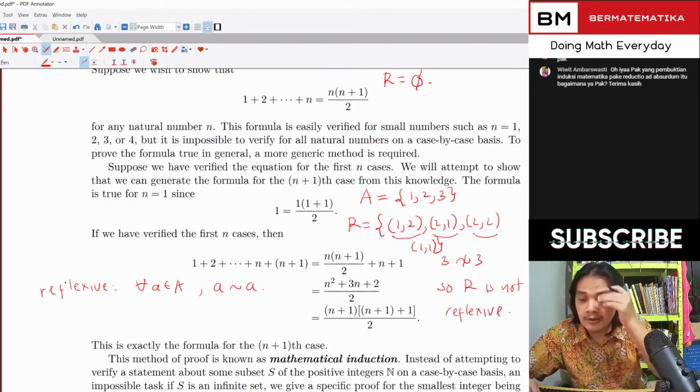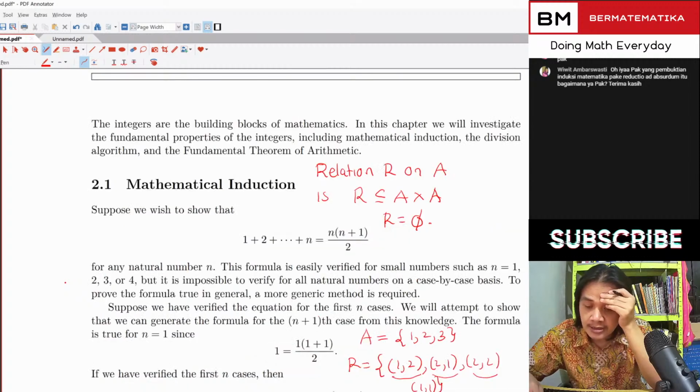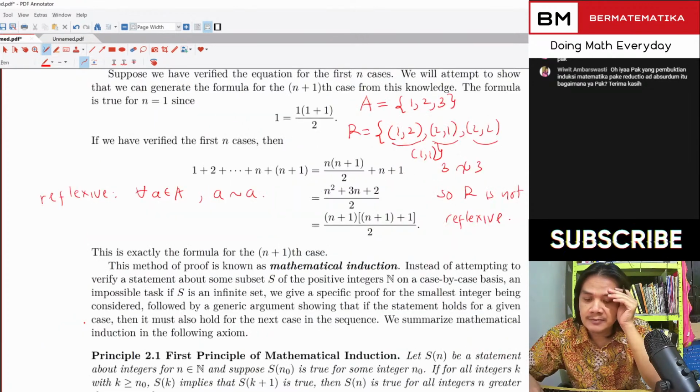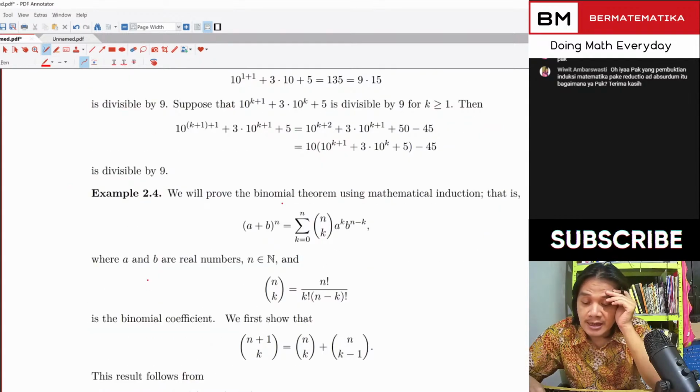Okay, right. So the next chapter is about integers. So first of all, we have mathematical induction. So we will skip this. I'm assuming that you are kind of familiar with mathematical induction, but perhaps we will try to do some exercise using induction.